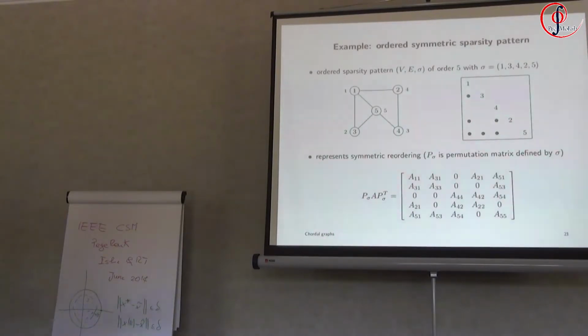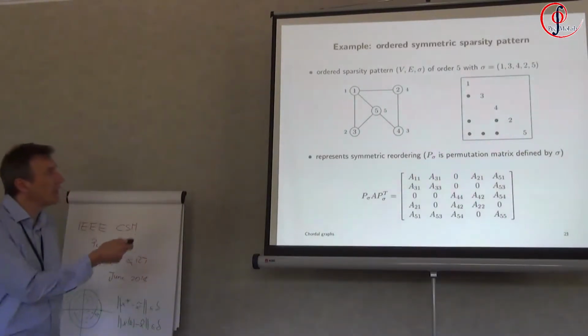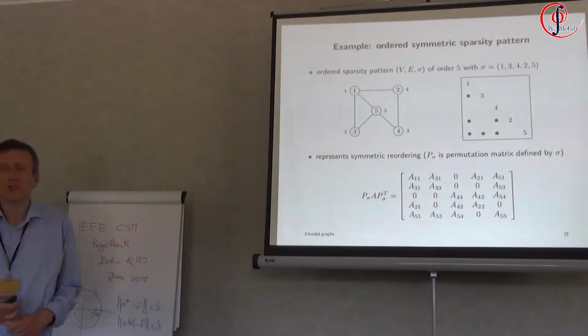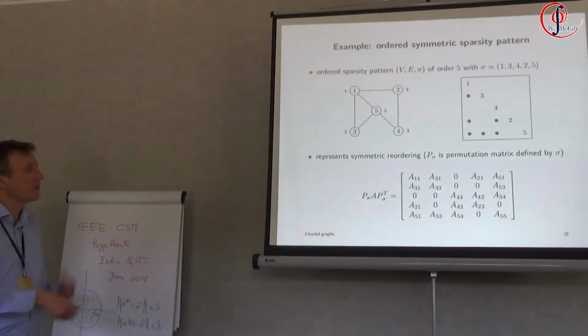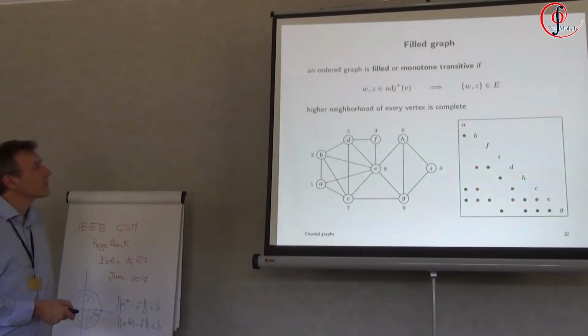And then again, the connection with sparse matrices is that if the V and E represent the sparsity pattern of a matrix, then the ordering sigma specifies a symmetric permutation of the matrix. So we'll come back to this order.